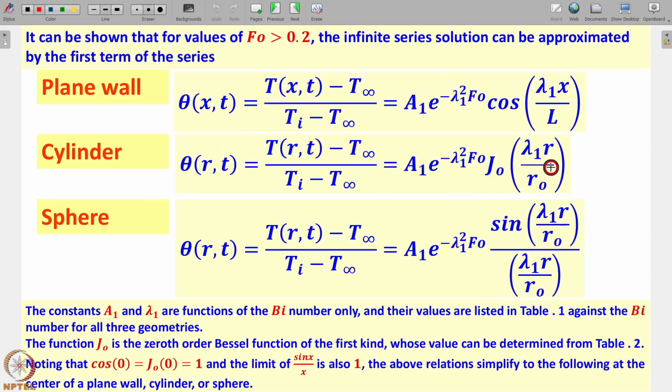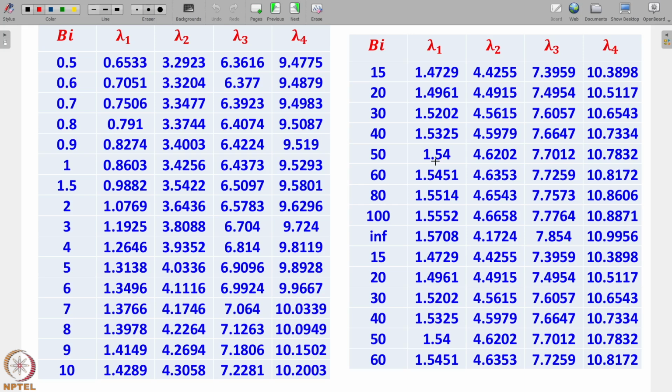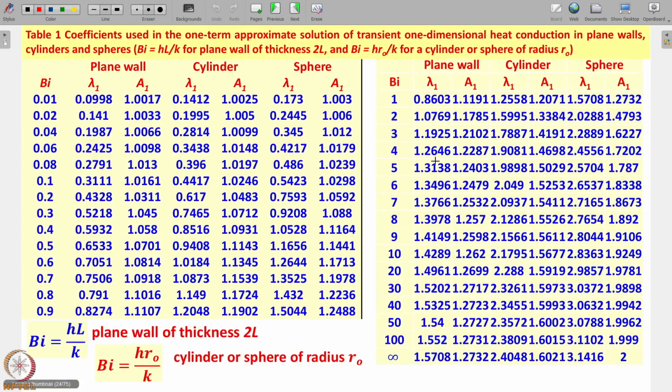Now in a plane wall it varies as a cosine function, in a cylinder it takes a Bessel function, and in a sphere it is sin lambda. So this is how we get the temperature distribution. To get A1 and lambda 1, I need to get the Biot number. Once I know the Biot number, I can get lambda 1 and A1 for plane wall, cylinder and sphere.